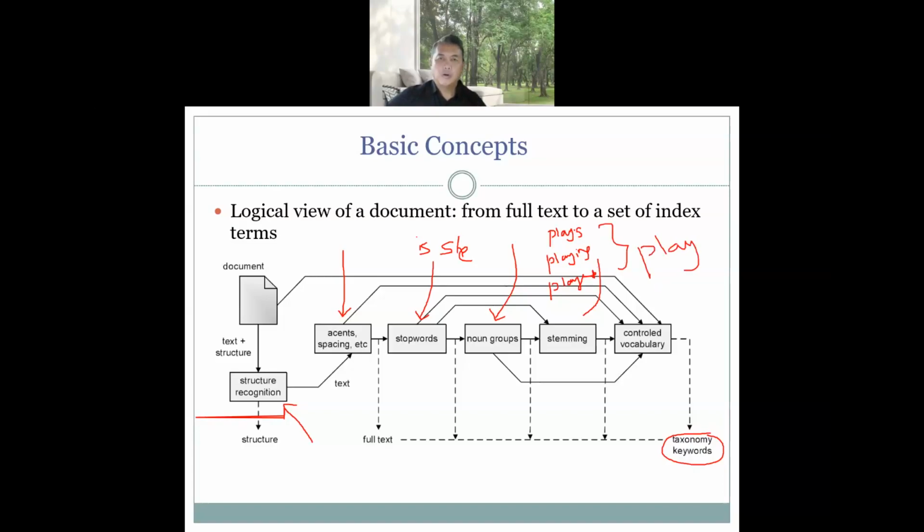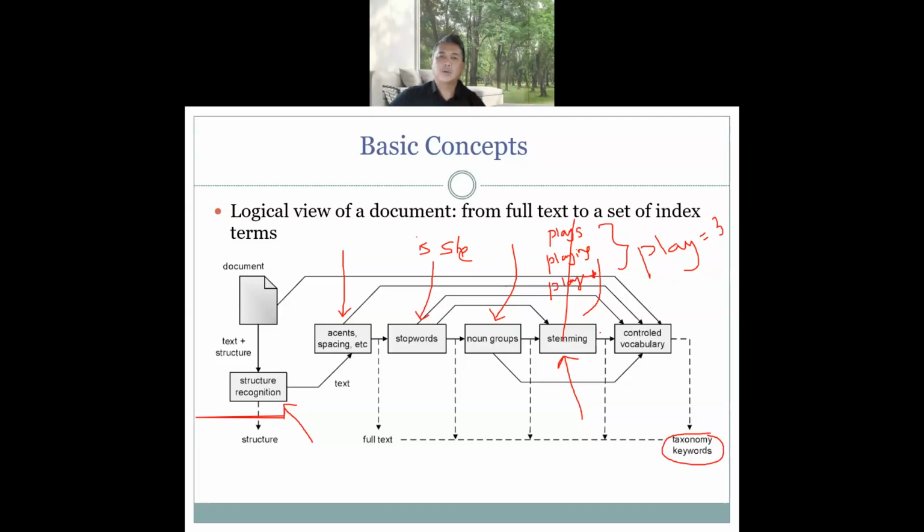So we remove all these variations and say, okay, play. The word play exists 3 times, but in the form of plays, playing, and played. So that is the process involved in stemming. We are finding the root or stem of the word, and then we will just keep that one only.